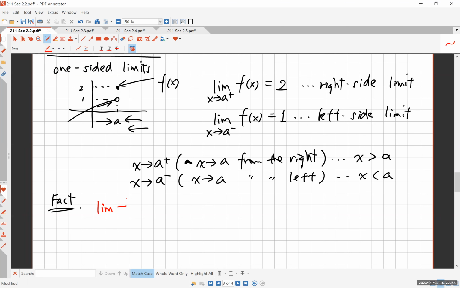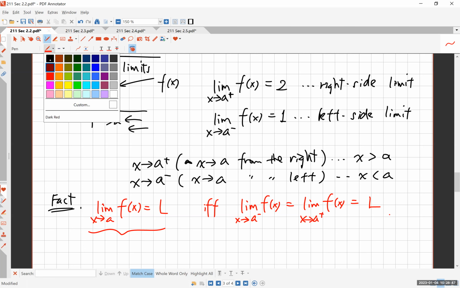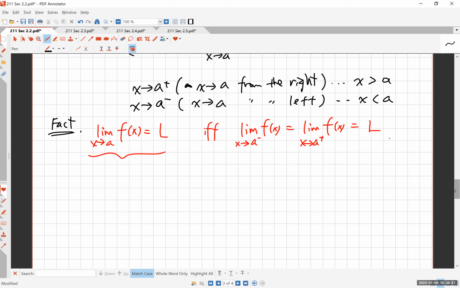The limit of f of x as x approaches a exists and is equal to L if and only if the left side limit and the right side limit both exist and are equal to L. So the two-sided limit exists and equals L if and only if the left side limit and right side limit are both equal to L. That is another way to look at two-sided limits. That's not too difficult, right?